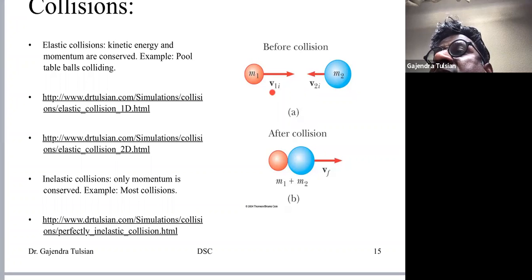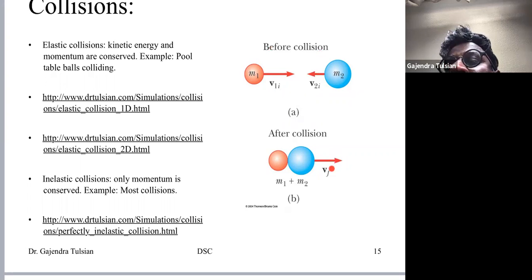So here are two objects headed toward each other and they'll collide. And in this problem, they happen to stick together. So this is a perfectly inelastic collision and they move in that direction. So what we learned is the total momenta of these two particles should equal the momenta of these two particles after the collision.